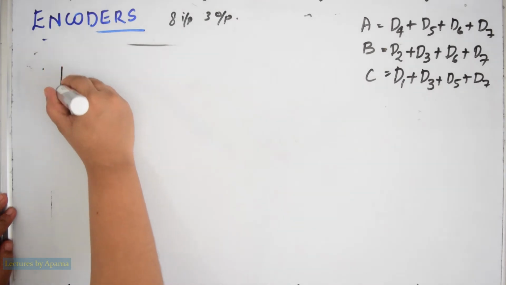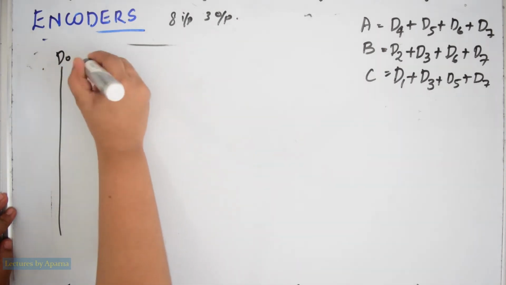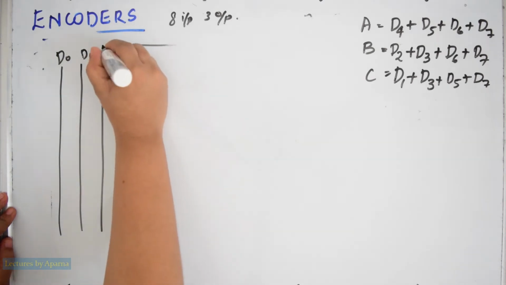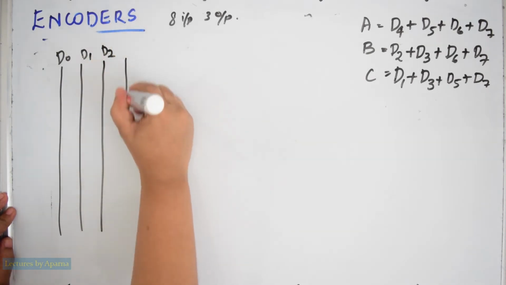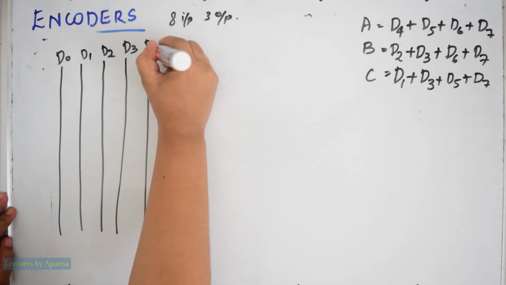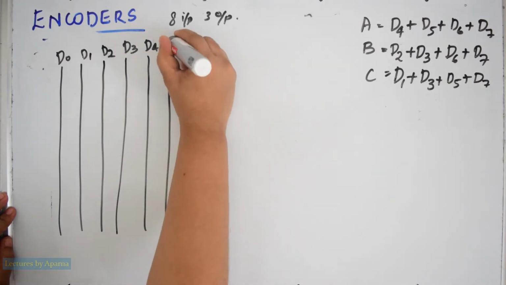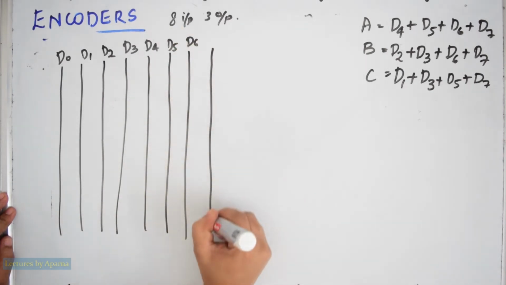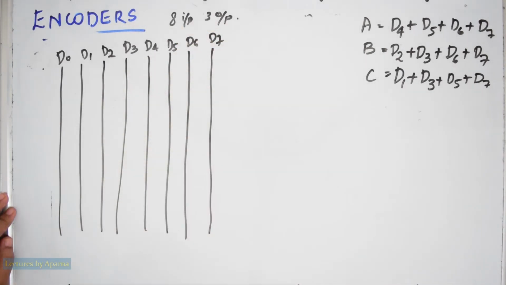I have D0, D1, D2, D3, D4, D5, D6 and D7.